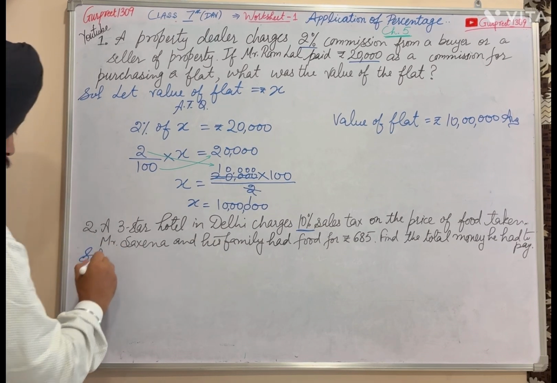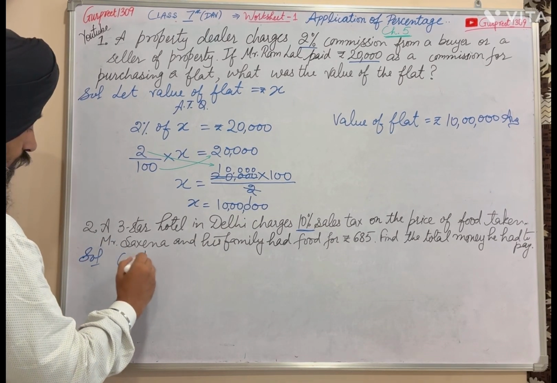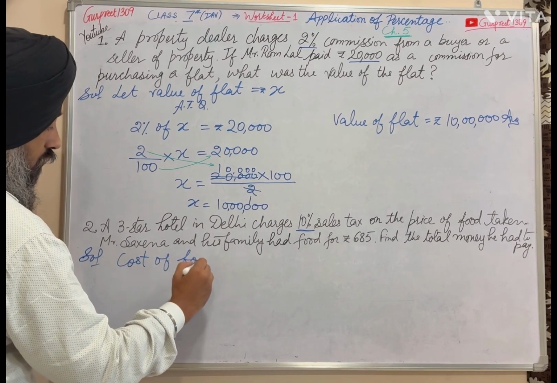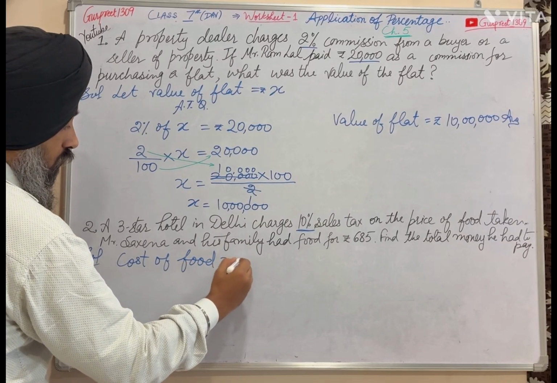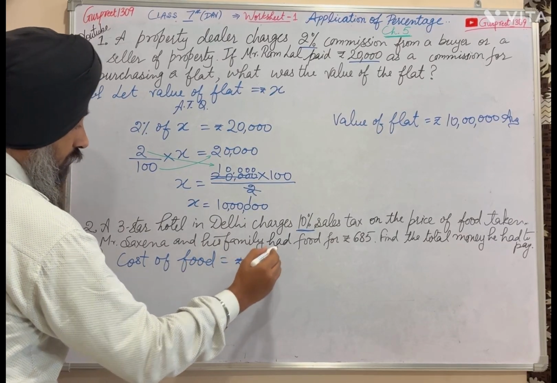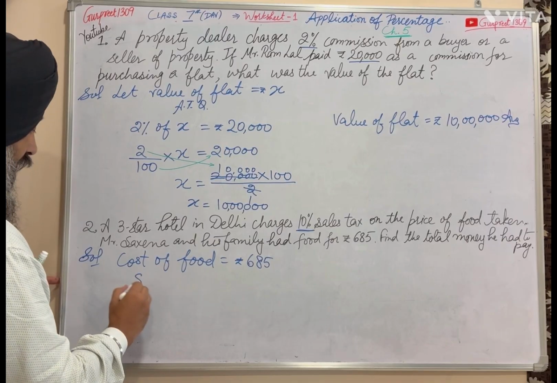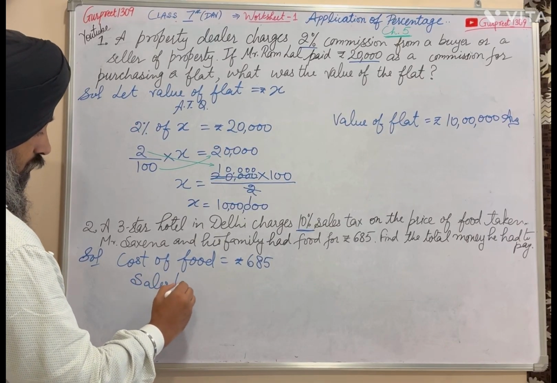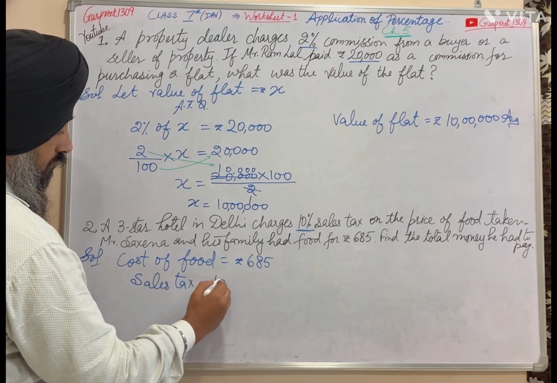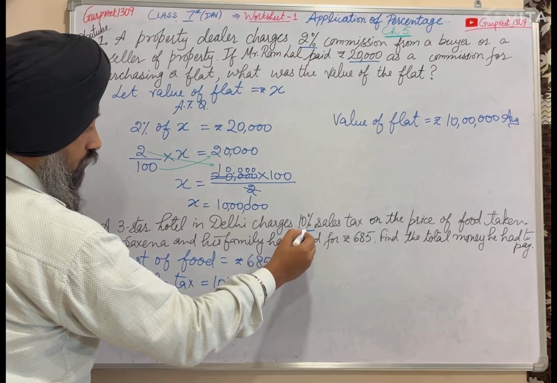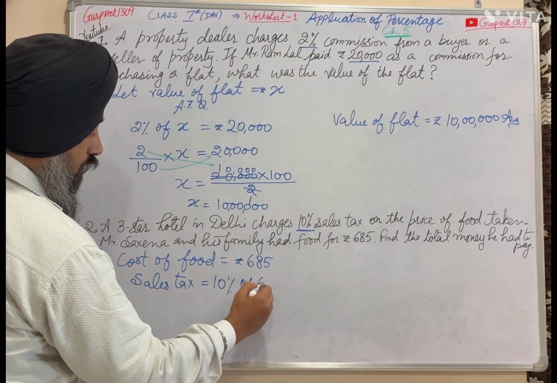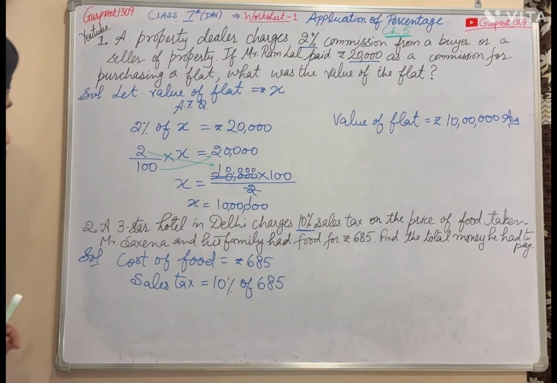So the solution is like this: cost of food only is equal to rupees 685. Then sales tax. How much sales tax is there? 10% of 685.